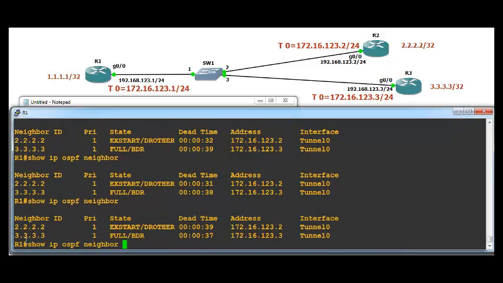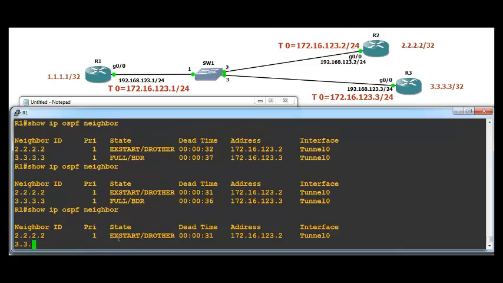Yeah, correct. So R2 will also have a full neighbor relationship in some time. Right now it is in exstart state. So who is the DR now? R1 is the DR, and R2 and R3 are going to have a full relationship with it.